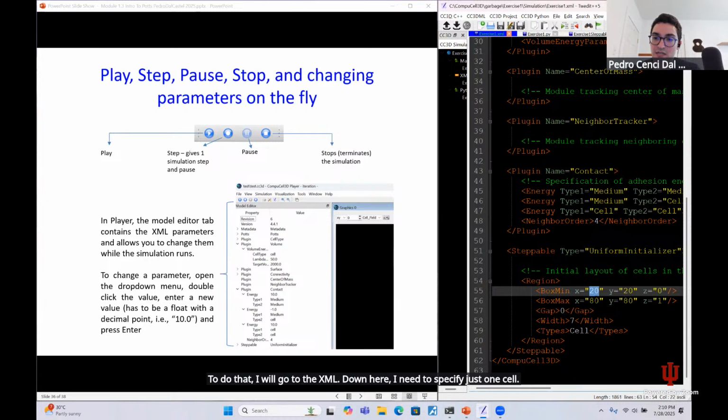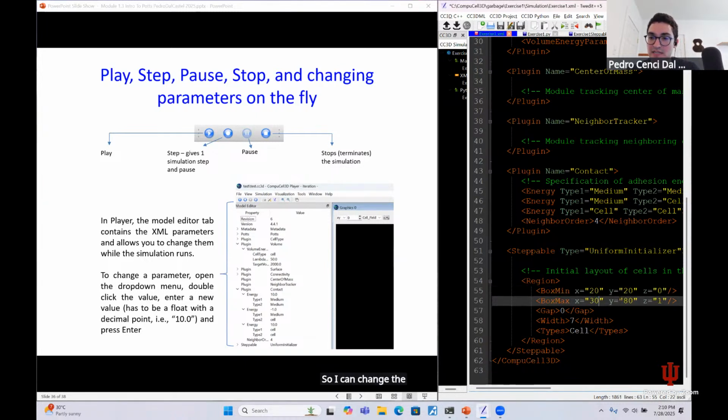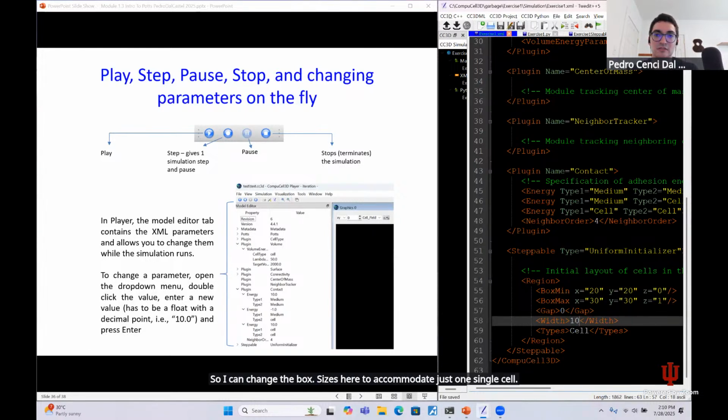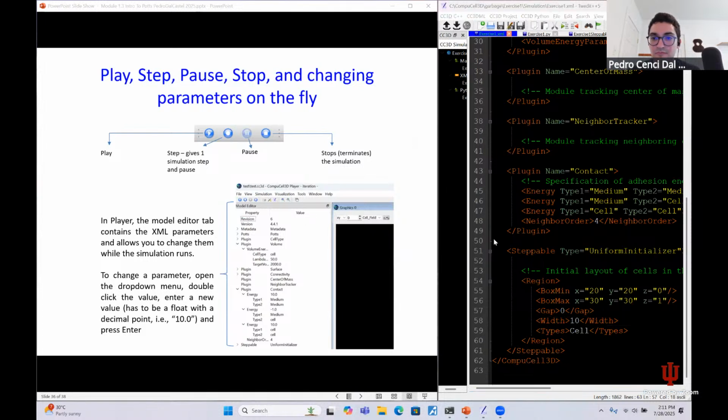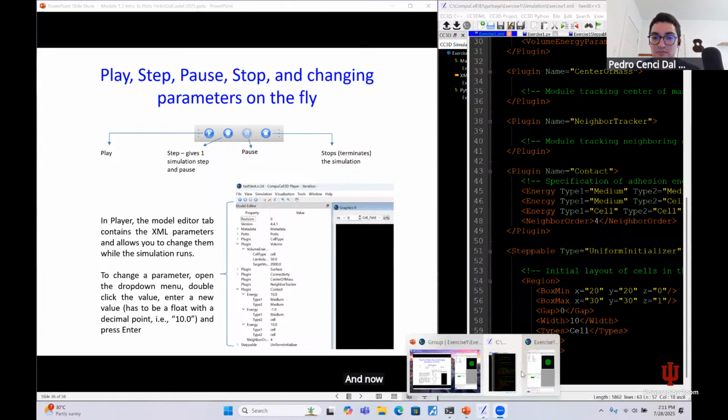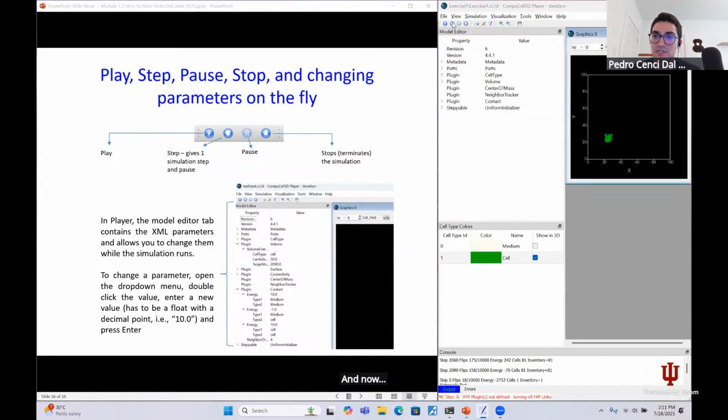So I can change the box sizes here to accommodate just one single cell, like that. And now, if I run the simulation again, you can see I have just one cell. And this is the cell. So this is straight up the first case.